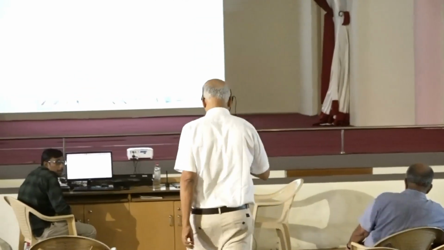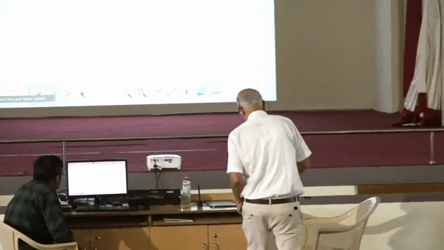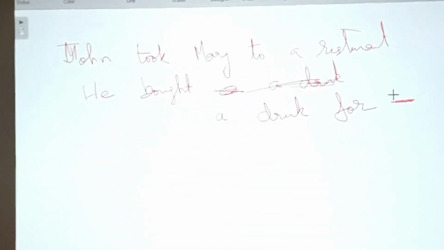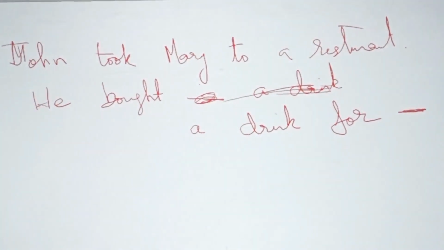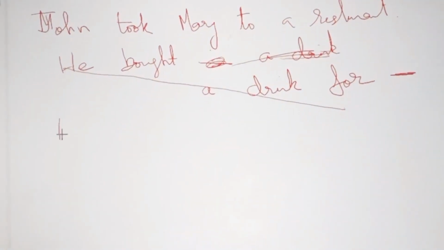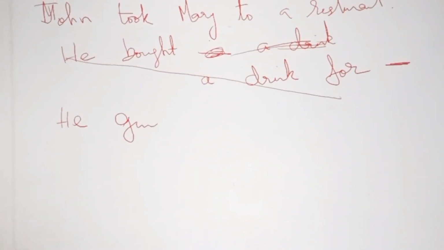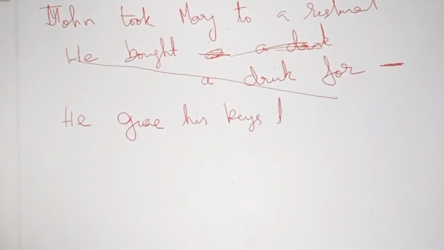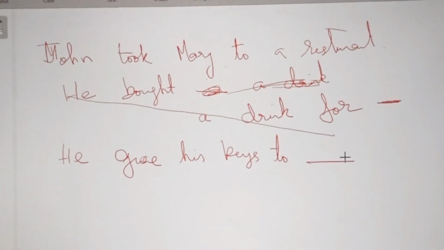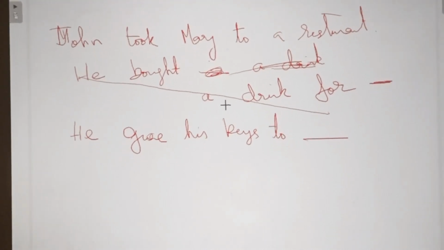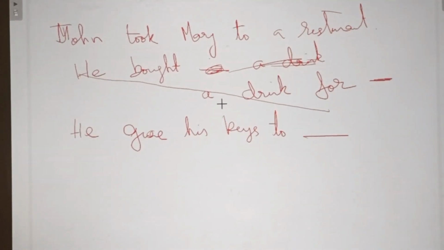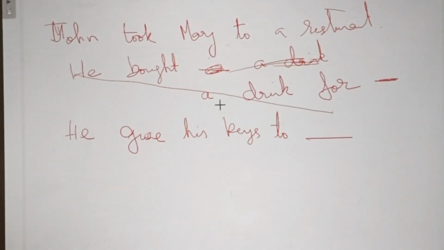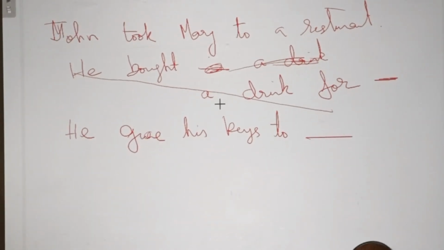Now you see this sentence. Then I will give you another sentence. John took Mary to a restaurant. Let's say instead I said, he gave his keys to, and I have to guess the next word. Now it's obviously not Mary. You don't give keys to Mary, right? The word there is valet. He gave his keys to a valet.